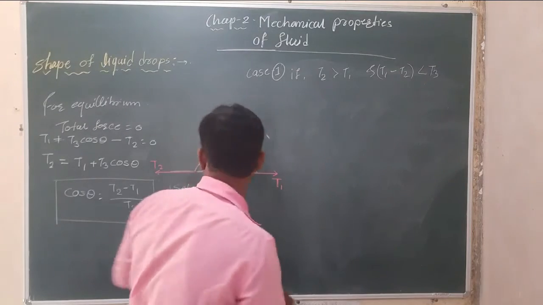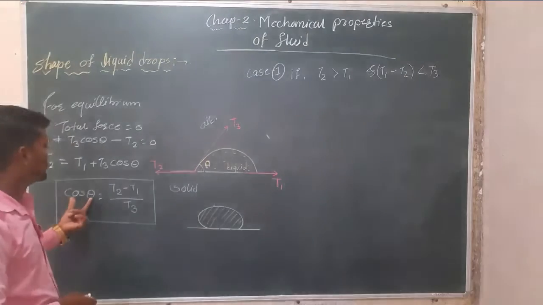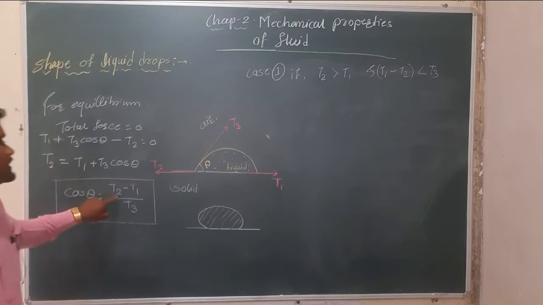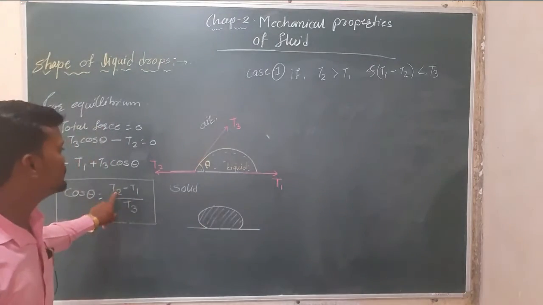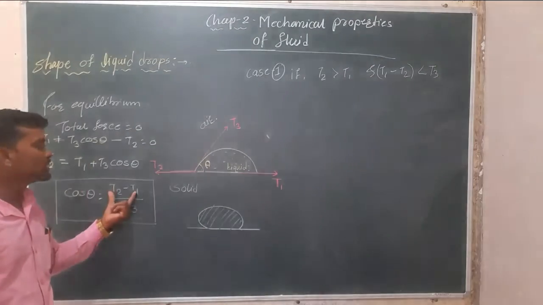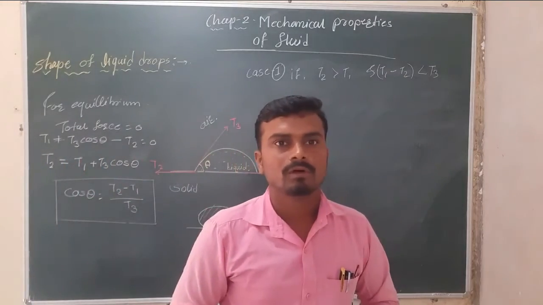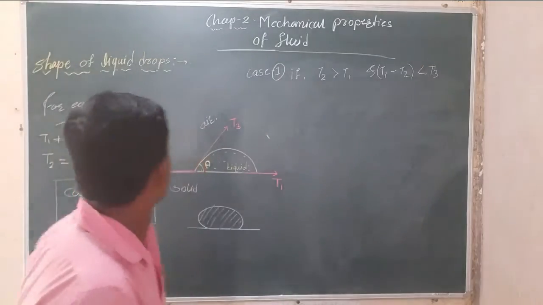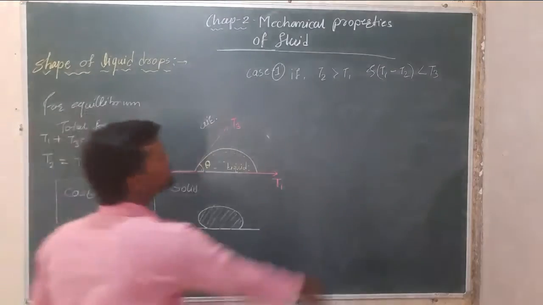This is the first case. What is the cos theta? Here, cos theta is equal to T2 minus T1 upon T3. But T2 is greater than T1. That means this term T2 minus T1 is positive. Why positive? Because T2 is greater than T1. Because of that, this numerator is positive.